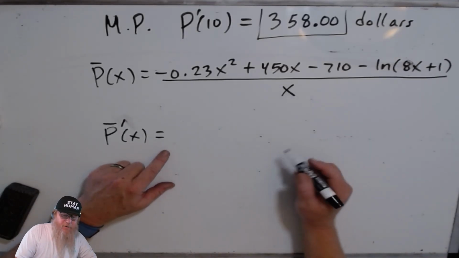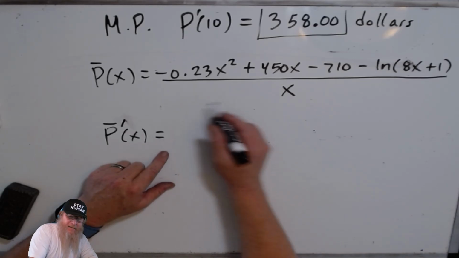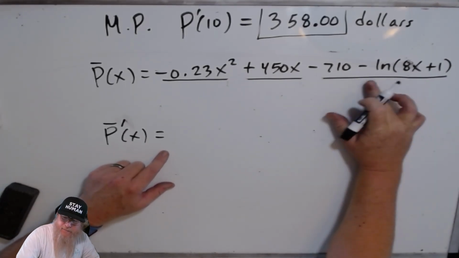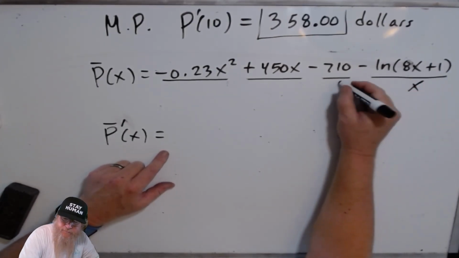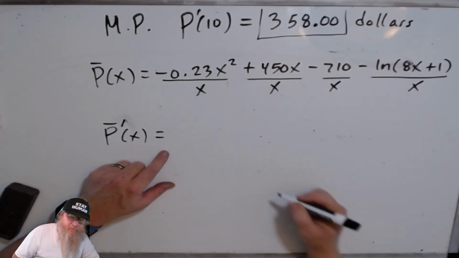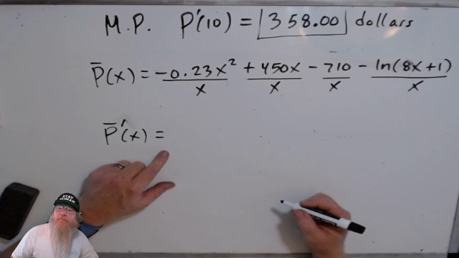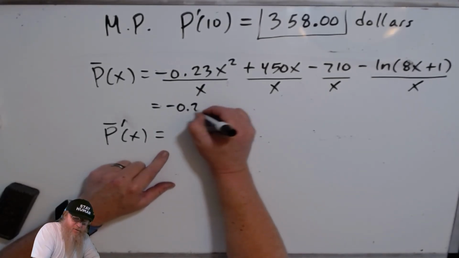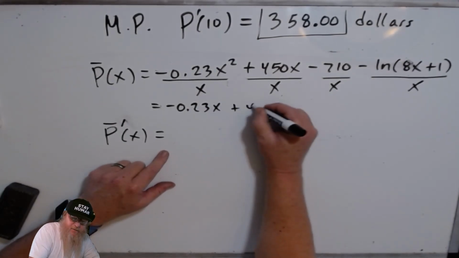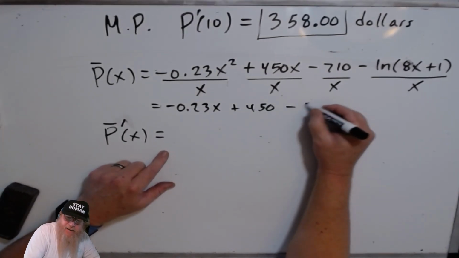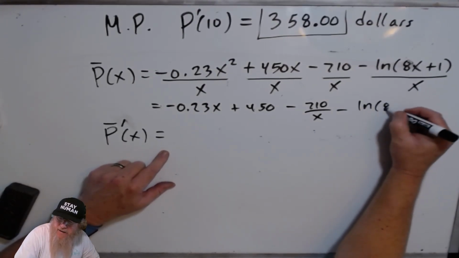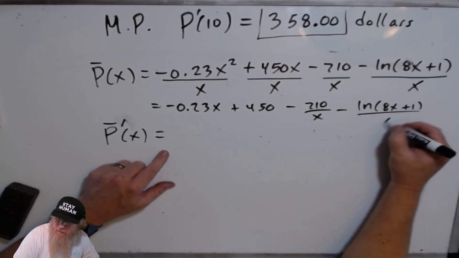I think I've shown you this trick before where you divide them individually. And then this becomes 0.23x plus 450 minus 710 over x minus ln 8x plus 1 over x.